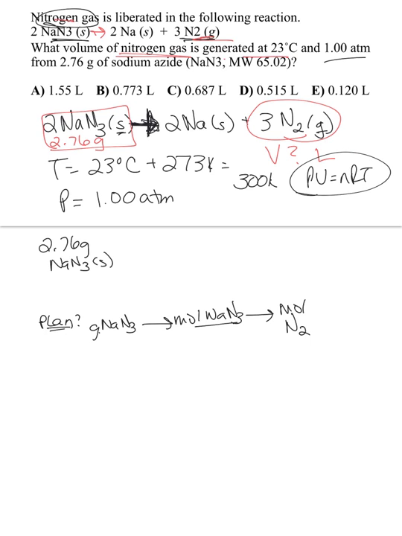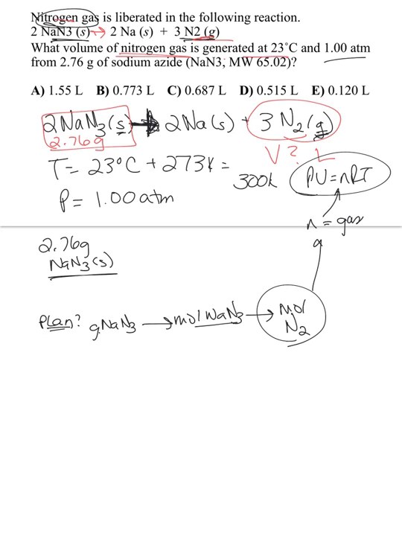You must do it on a gas. So n is of the gas. So you've got to come down here and get moles of N2, which is your gas. A lot of people try to just convert this to moles and then put it in, but you're not going to be able to find a volume of sodium azide solid in the ideal gas law.